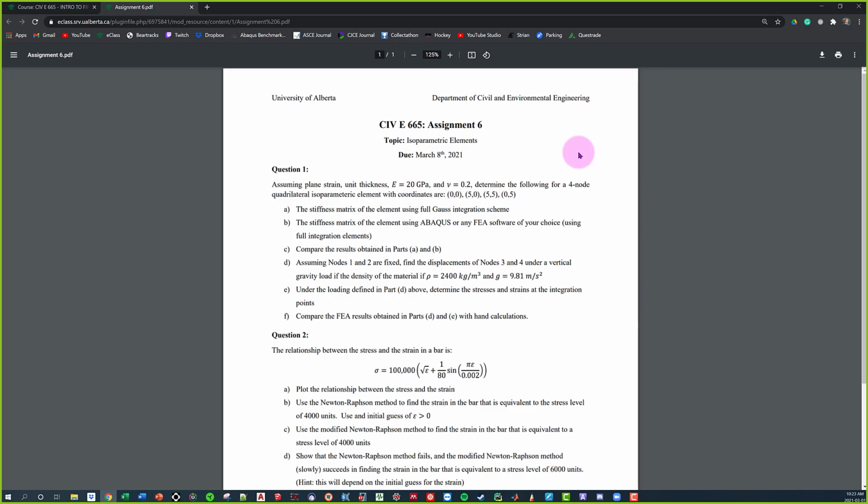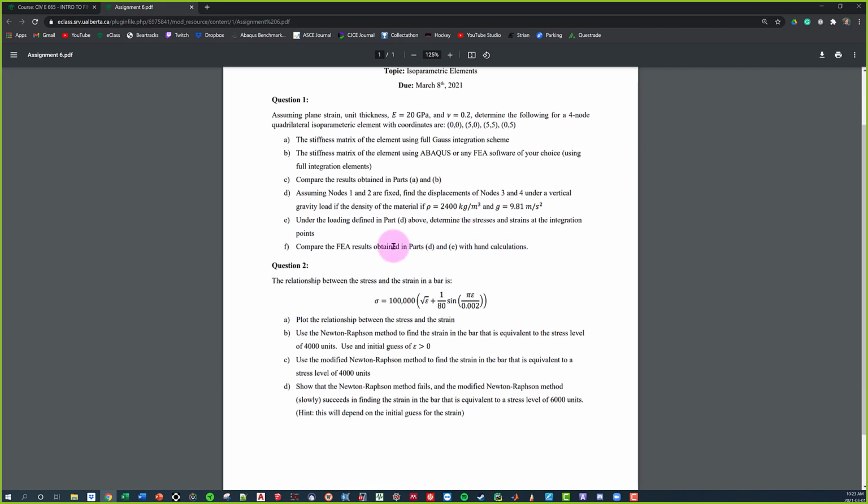All right, it's 23. That awkward moment of silence is now gone, and we can get back to things. So assignment 6, it's not too bad. It's two questions. I still call it isoparametric elements, but it's basically a combination of that as well as the Newton-Raphson method. The Newton-Raphson method, what we learned today, is solely contained in question number 2. And it's actually very simple.